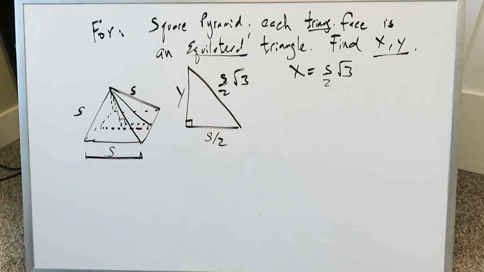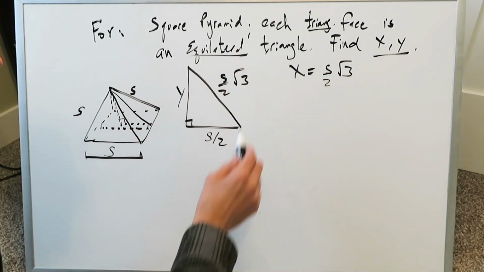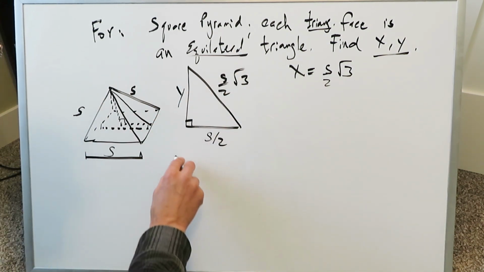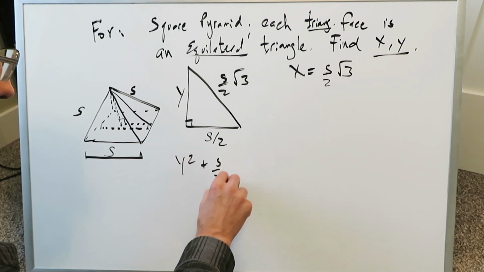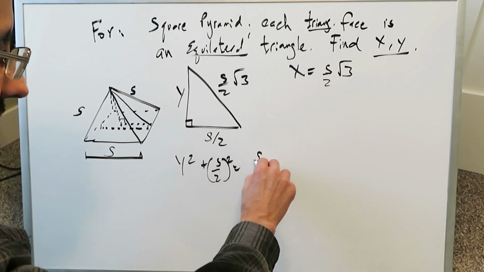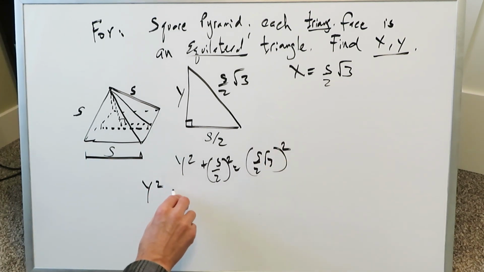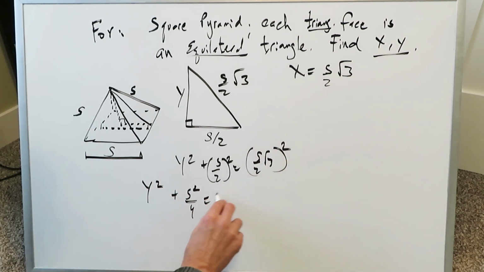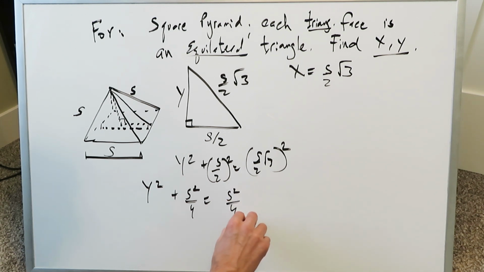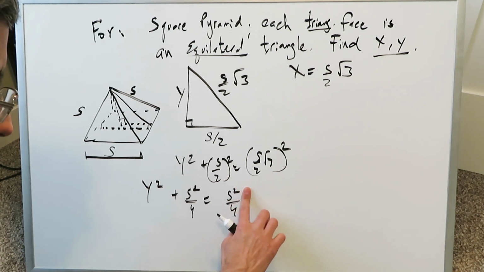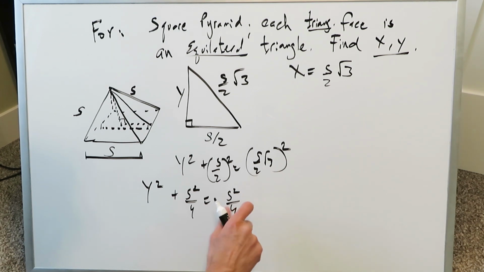And determining y here is not hard. You again do a square plus b square equals c square. You can do y square plus s over 2 whole square is equal to s over 2 root 3 whole square. And you would open everything up. y square plus s square over 4 is equal to s square over 4 times 3. But I'd rather bring the 3 and make it 3s square over 4.